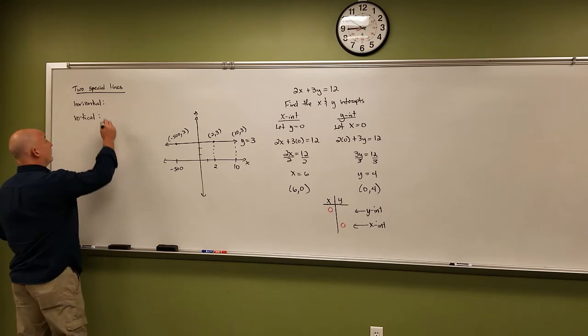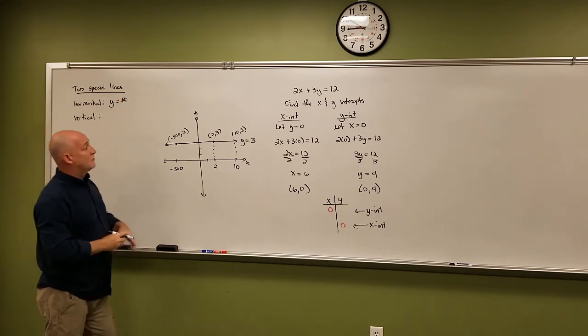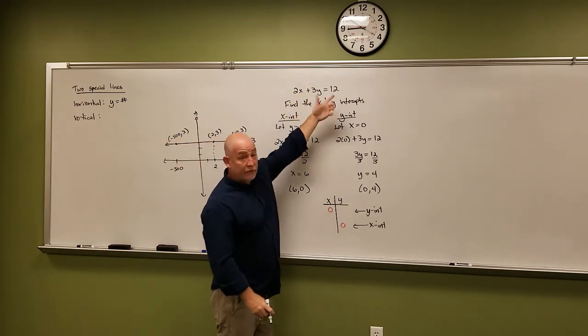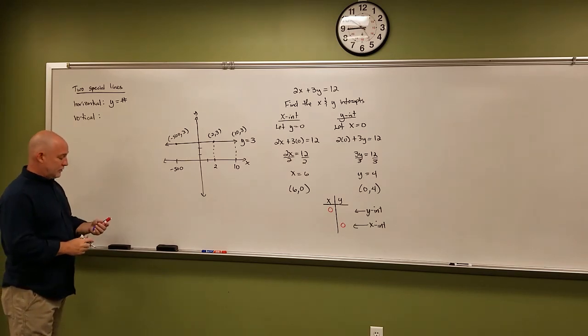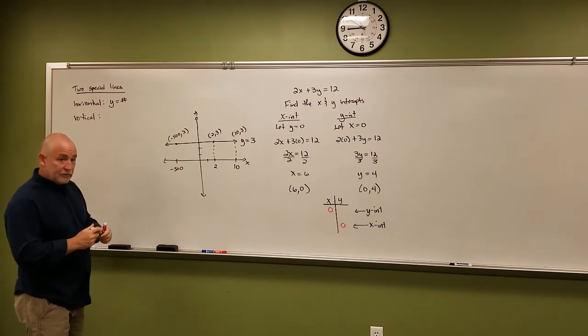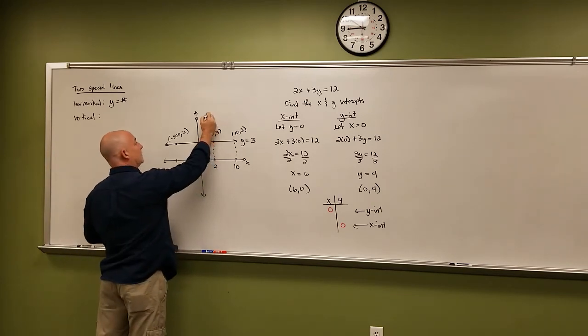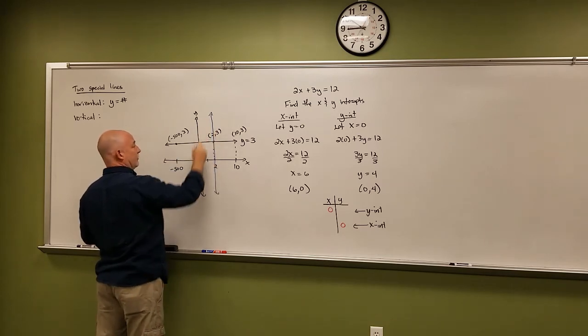So for a horizontal line, there are no x's in the equation. So imagine this with no x's in the equation. You could always solve and get y equals a number. So that's the basic equation for a horizontal line. Now if you turn that concept on the side, let's do here. Hopefully that shows up as blue.